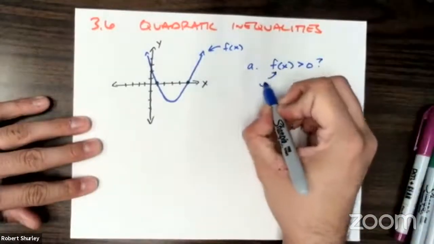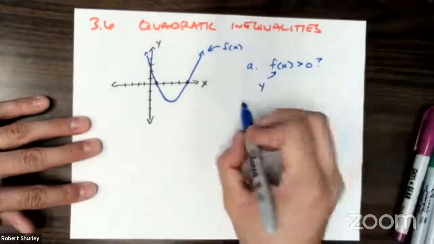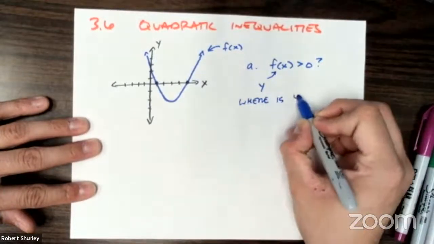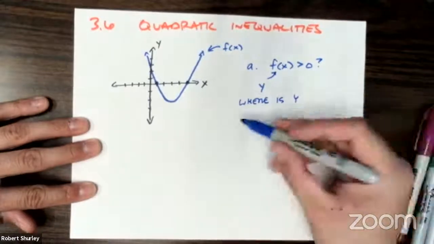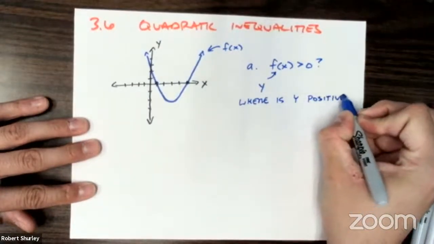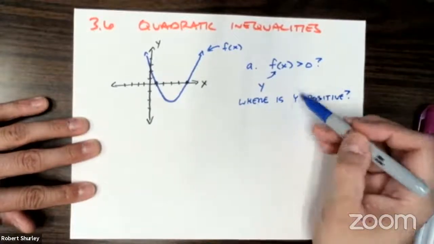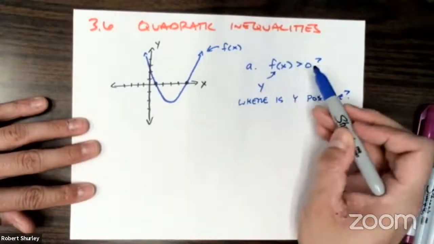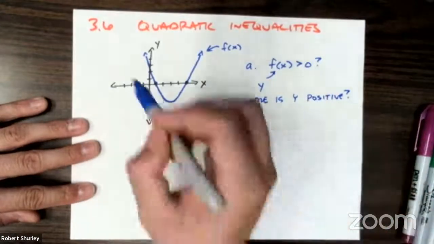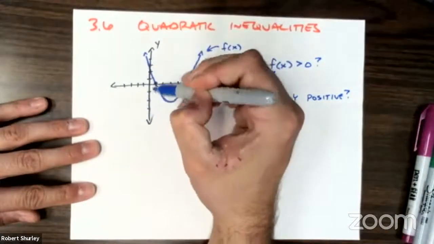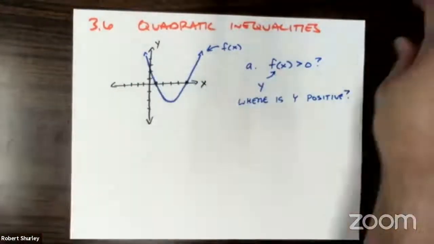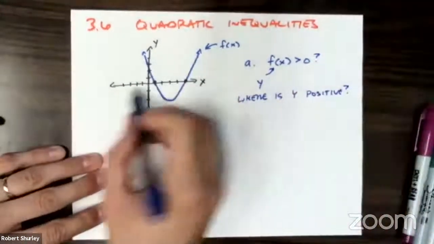Remember that f of x is just y. So this question is saying, where is y greater than 0? That's where is y positive. So where's f of x greater than 0 is really asking, where is y positive? So I'm going to go to this y-axis, and notice all the positive y values occur above the x-axis.